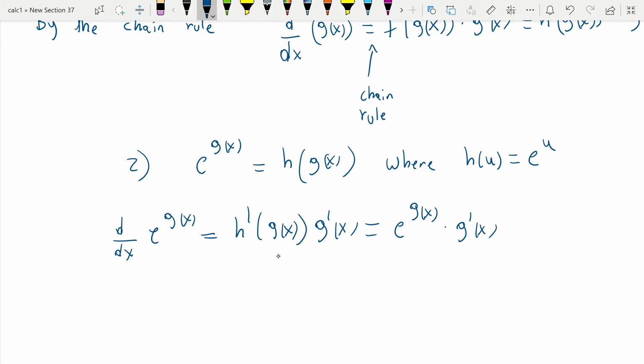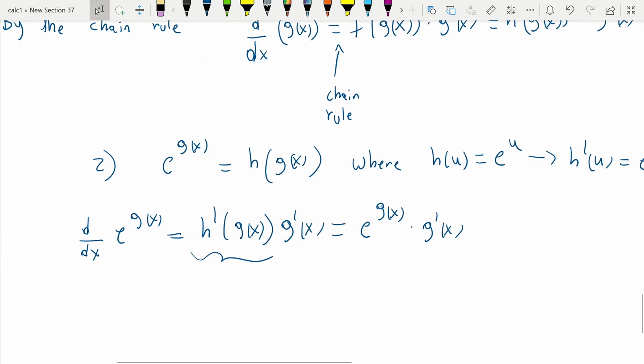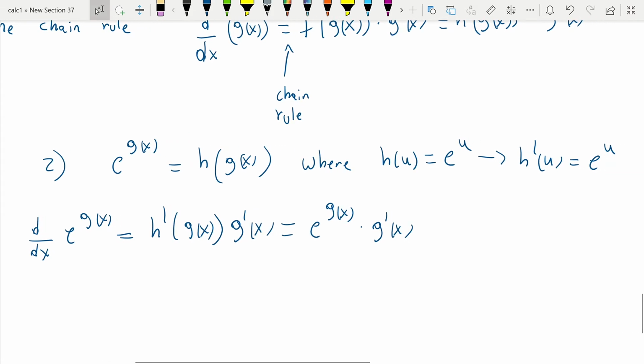What is h prime? h prime of u is just e to the u. What's the derivative of the exponential function? It's the exponential function itself. We'll learn that. So this will be e to what's inside, which is exactly the first term. And g prime of x is just g prime of x. So we've actually shown the validity of these two shortcuts.